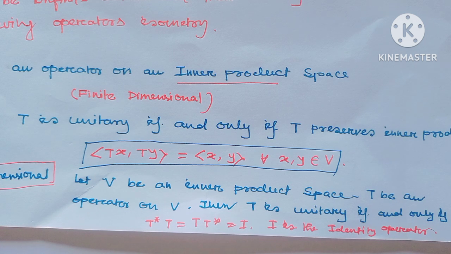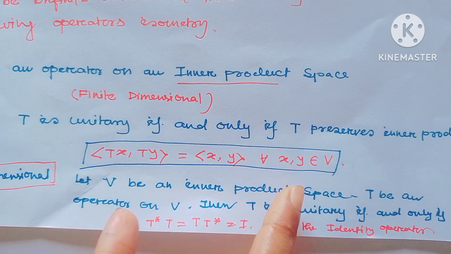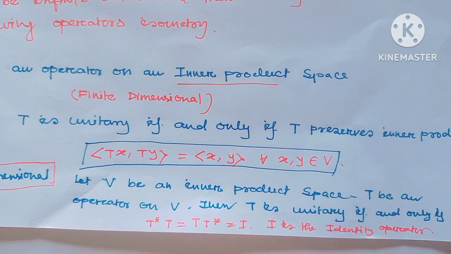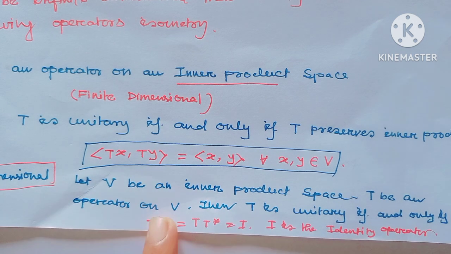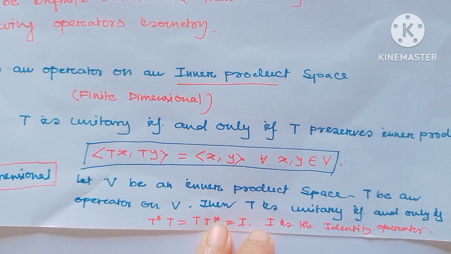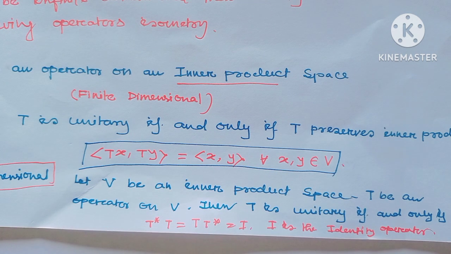That means in a finite dimensional inner product space, when the inner product is preserved, we can say the operator T is unitary. But in an infinite dimensional inner product space, when T star T equals T T star equals identity, then this operator is called a unitary operator.